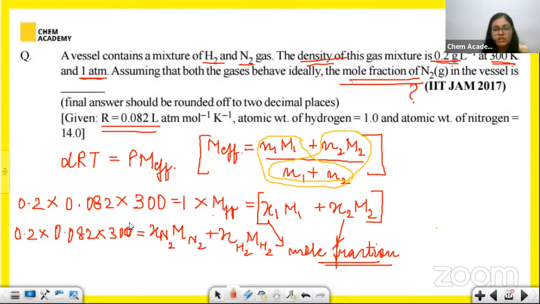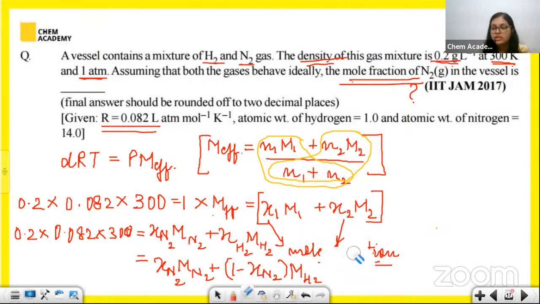This side will remain the same. You just simply have to solve it. Since we have to determine the mole fraction of N2, the term of mole fraction of N2 will remain as it is. But this mole fraction of H2, we will convert in terms of mole fraction of N2. So I can write it as 1 minus mole fraction of N2 into mass of H2.